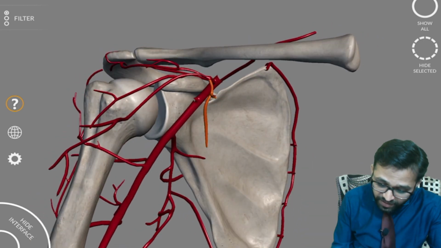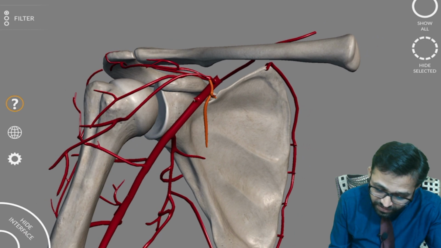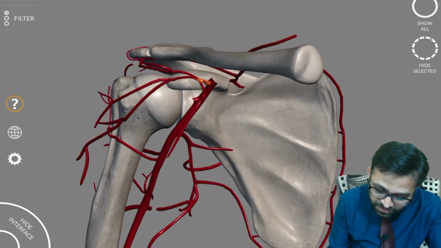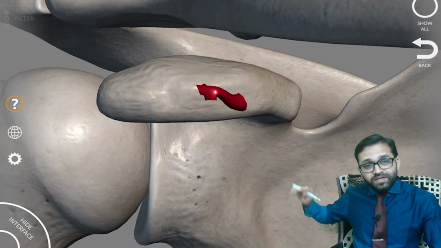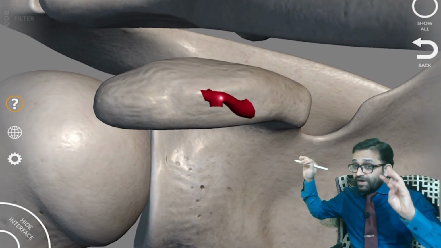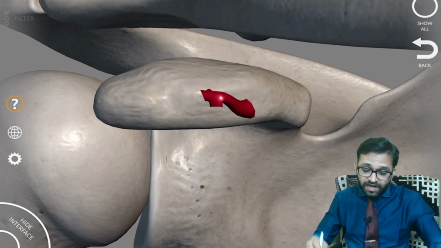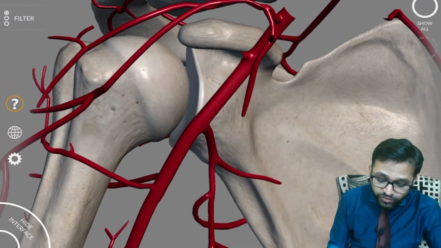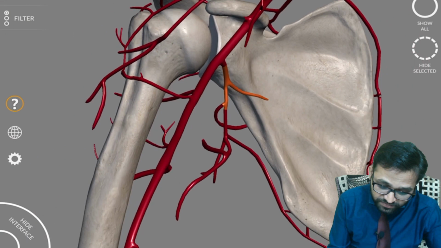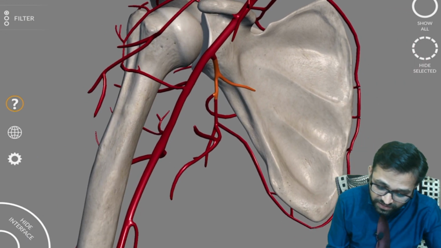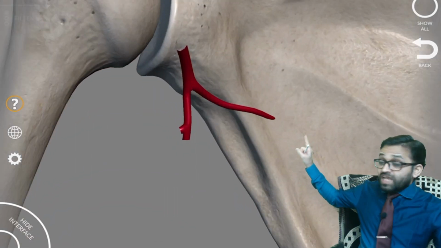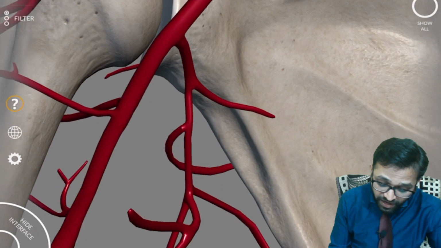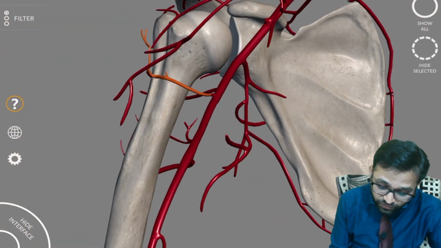This particular branch is our acromiothoracic artery. Later I will teach you, it will divide into four branches, and I will tell you a trick also. Then another, can you observe this branch? This is running towards the subscapular fossa. That's the subscapular artery.